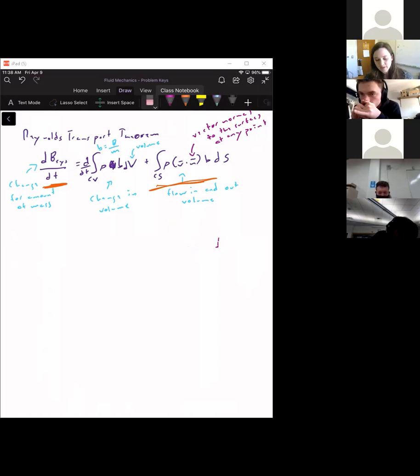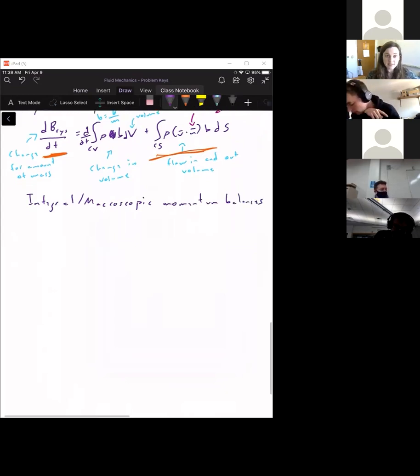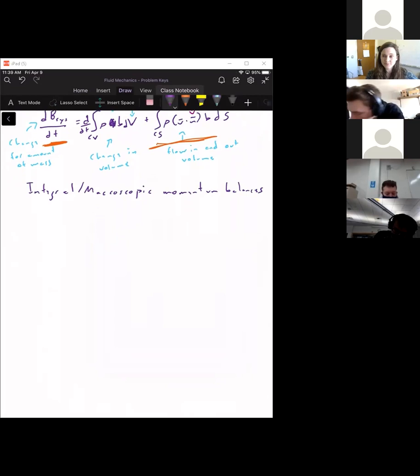Okay. So another reason I showed you the Reynolds transport theorem is because when we then did integral or macroscopic momentum balances, in my opinion, it makes how the momentum balances come out make a little bit more sense to me.